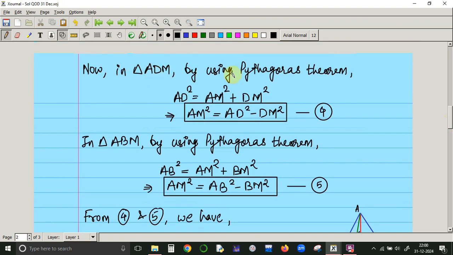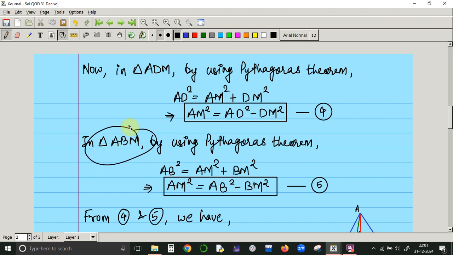By using Pythagoras theorem, hypotenuse square is equal to the sum of squares of the other two sides. And from this equation I have kept AM square on one side, so this is moving on this side. So AM square is equal to AD square minus DM square.